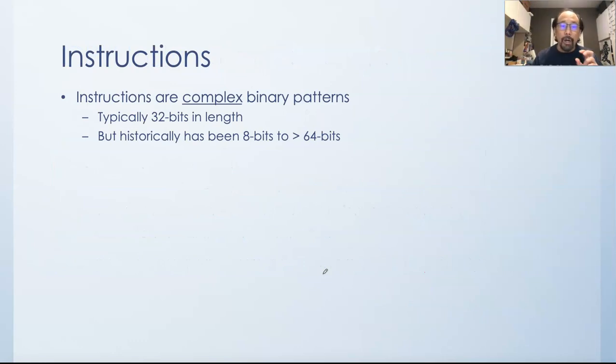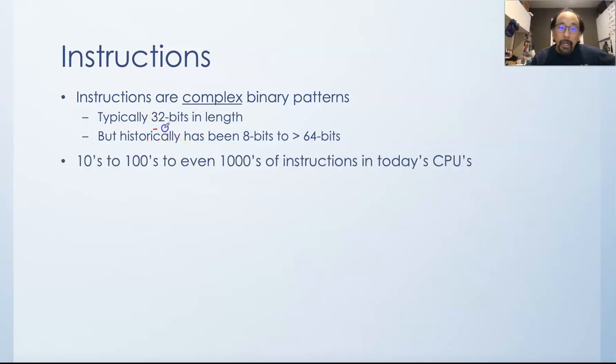Okay, let's talk about instructions now. Instructions in a CPU are just bit patterns, zeros and ones. How long are they? Typically I'll say 32 bits in length. They're always in byte chunks: 1 byte, 2 byte, 3 byte, 4 byte. I'll just say this is our typical length. Like I said, you could have 1 byte instructions, you could have 2 byte instructions. It really depends upon the CPU.